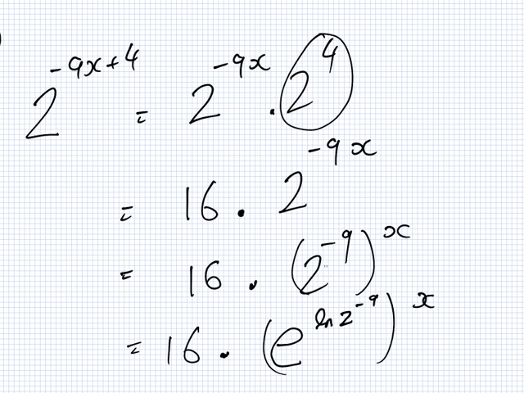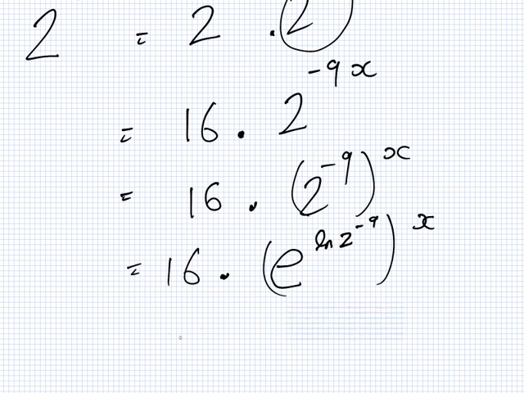Now, it might help if you think of the 2 to the minus 9x as one number. So I just put in the e and the log. I can do this because e and log cancel, so I'm still left with the 2 power minus 9x. But the reason I did that is so I can make an e. Now you know that if you have a power here, you can bring it down in the front.